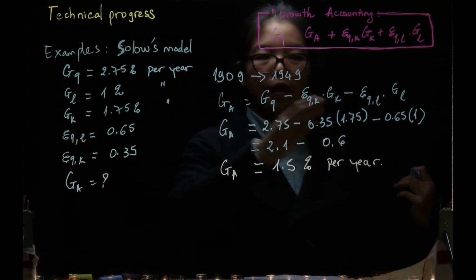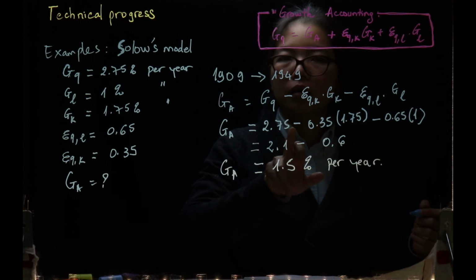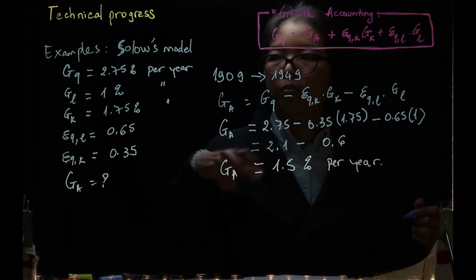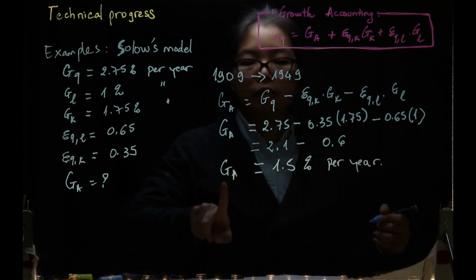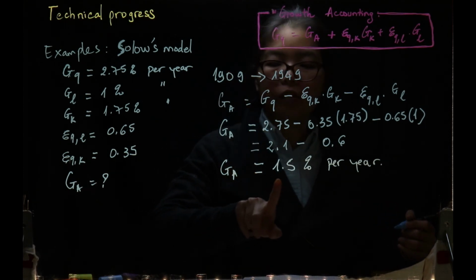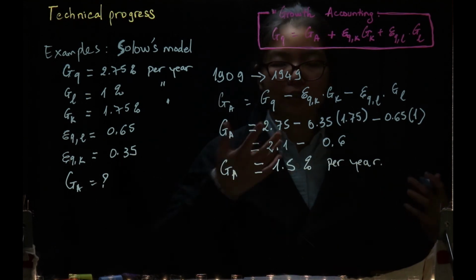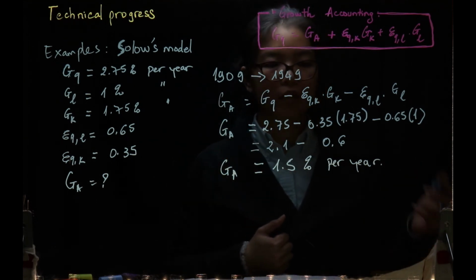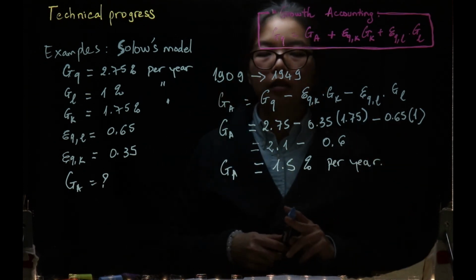So in this 2.75% of output growth per year within this period of time in the US, the technical progress accounted for more than a half of that. That's how we think about it, apart from the changes in labor and capital.